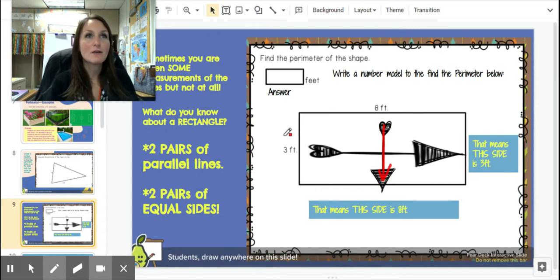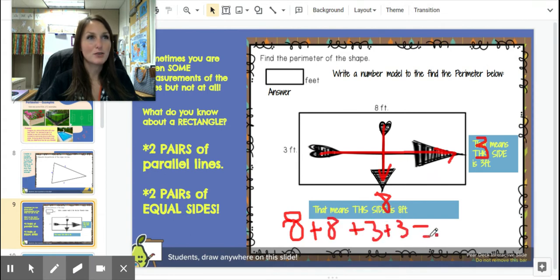So if this side is 3, this side over here is also going to be 3. Now you could add up 8 plus 8 plus 3 plus 3 to find your answer. So 8 plus 8 is 16.